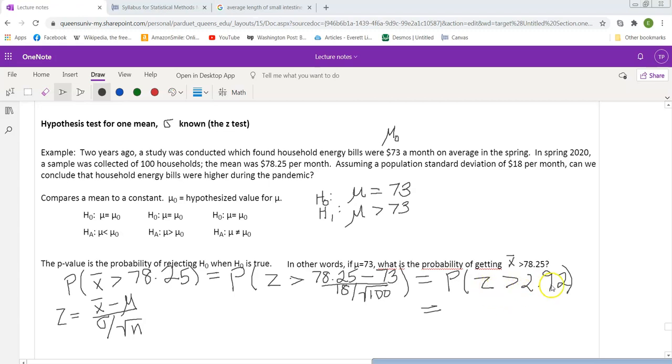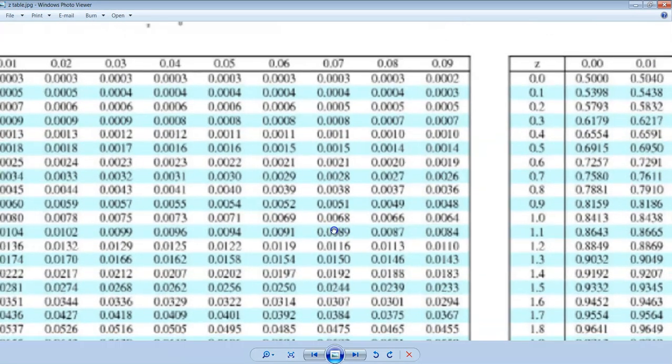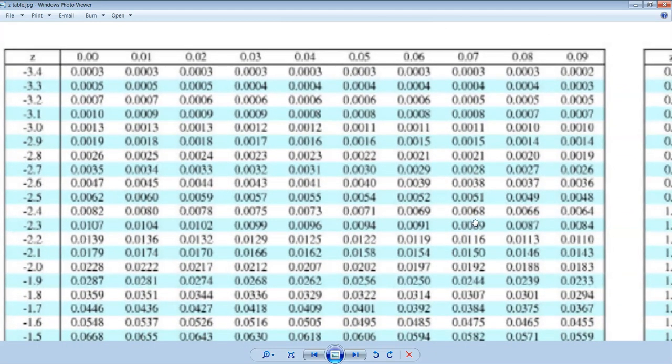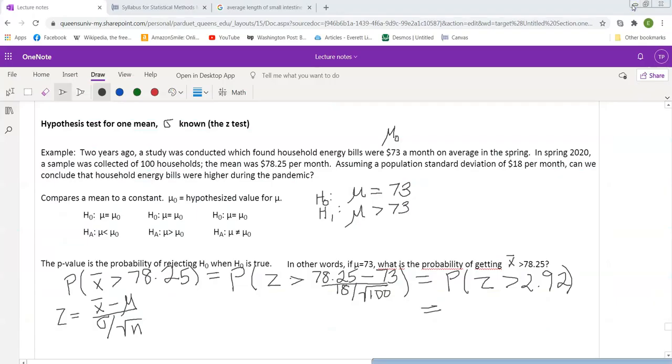So the probability that z is greater than 2.92 is the same as the probability that z is less than negative 2.92. And you can verify that. So that is 0.0018. So this is our p-value.